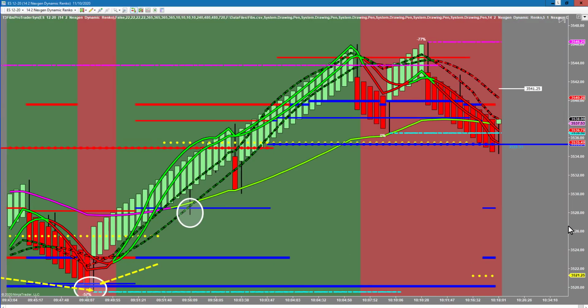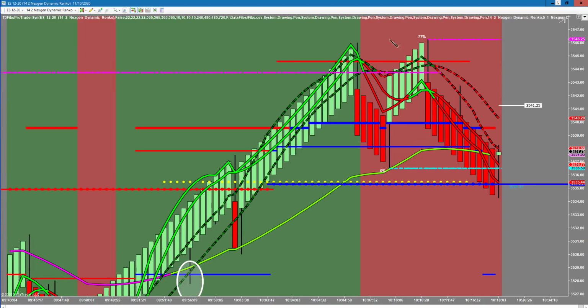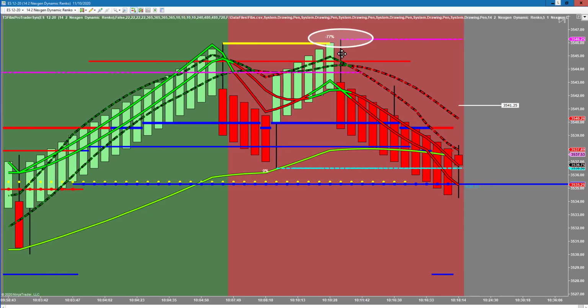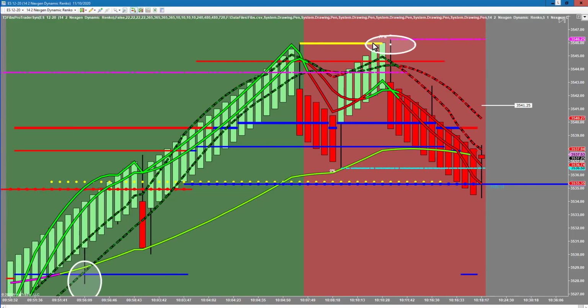Look at the top. Pivot stop out with divergence at the fibs. You know what we say about that, right? It's not what happened up here, it's the next short trade after the top.